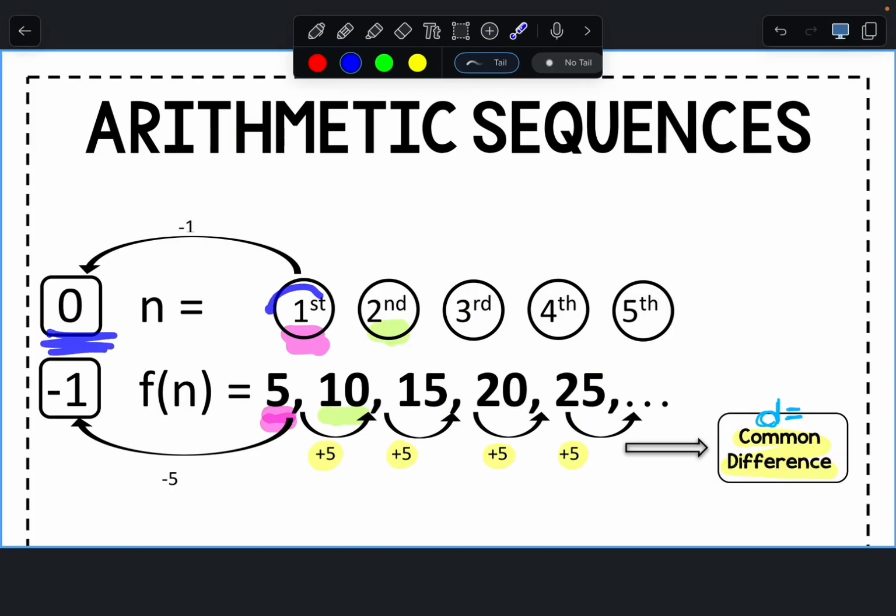So to go backwards from 1 to 0, we subtract 1. Now if we go backwards, and you're going to notice a mistake, instead of adding 5, we subtract 5. And if you subtract 5, you're supposed to get 0, not -1. That's a typo. Okay? Typo.